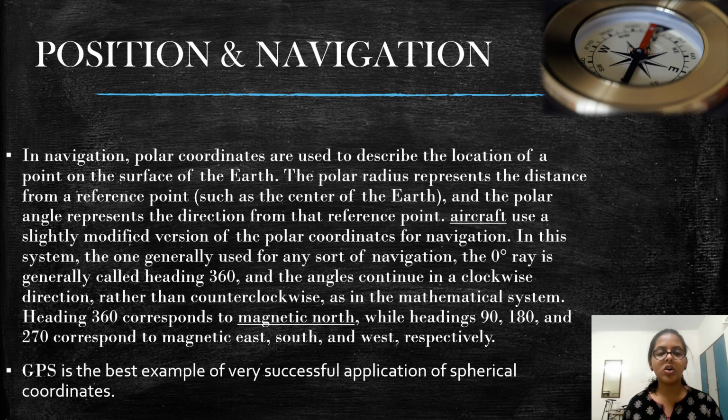Heading 360 corresponds to the magnetic north, while heading 90, 180, and 270 correspond to the magnetic east, south, and west directions respectively. GPS is the best example of a very successful application of spherical coordinates.